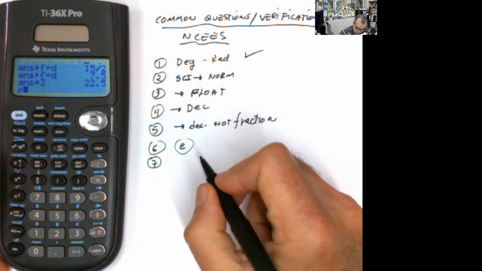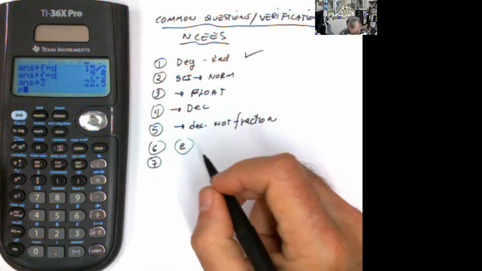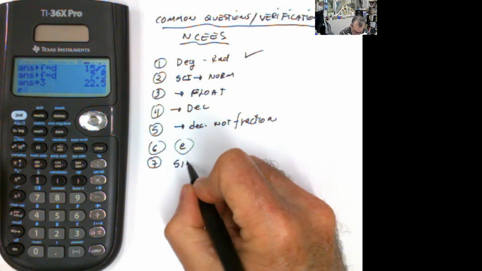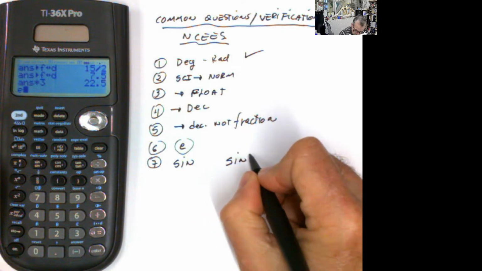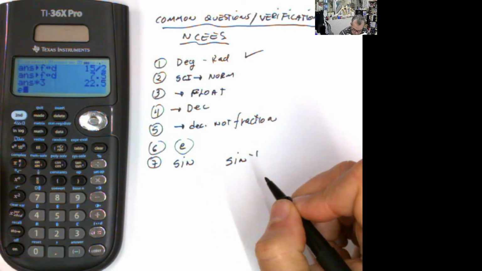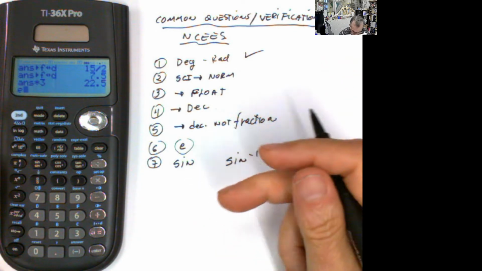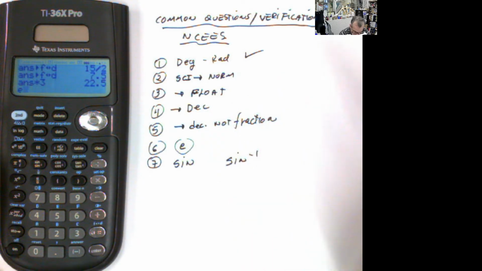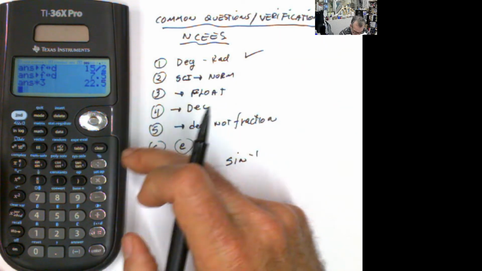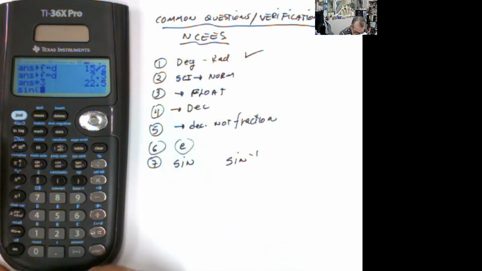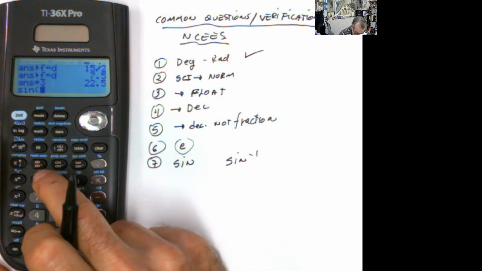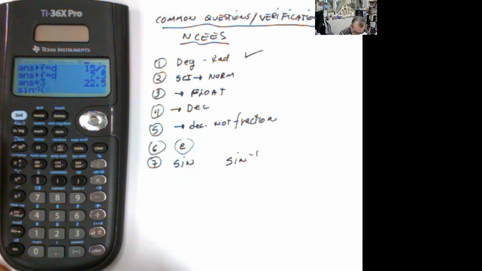Another very common thing, one of the most common things actually, is when you want to calculate the sine, or the inverse of sine. For example, say I want the inverse sine of 0.8. You see here sine: I hit it once and it's sine, and I hit it again and it's inverse sine.